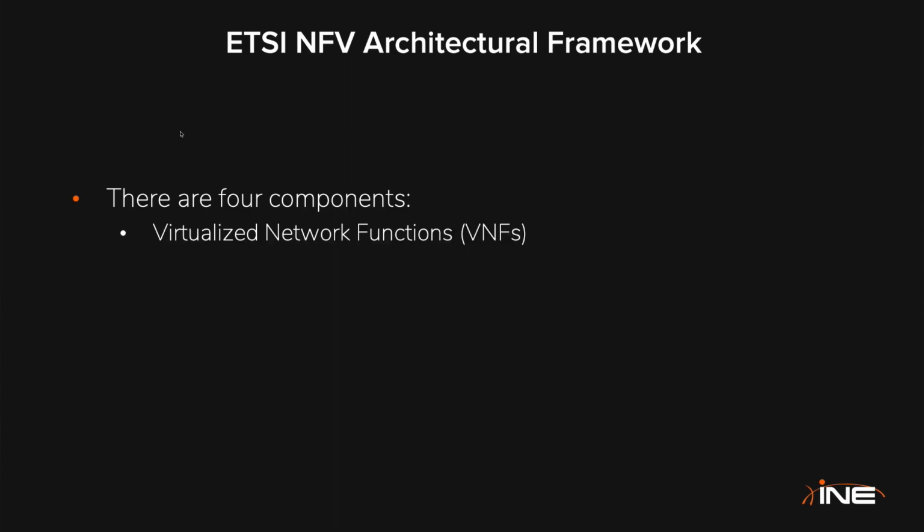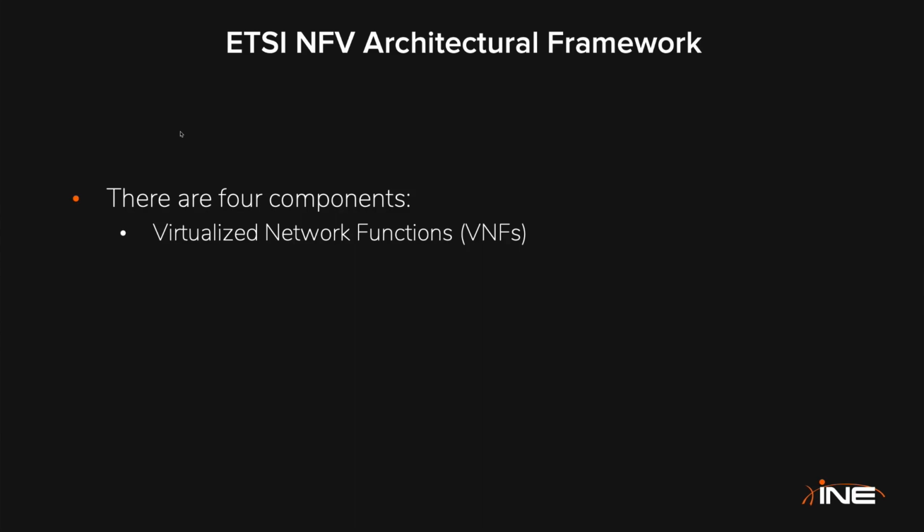There are 4 components inside this framework. The first one is VNF. As we discussed earlier, VNF is just a virtual device which was originally a hardware appliance. So taking the software away from the hardware and deploying that on a standard hardware is what ETSI is all about.